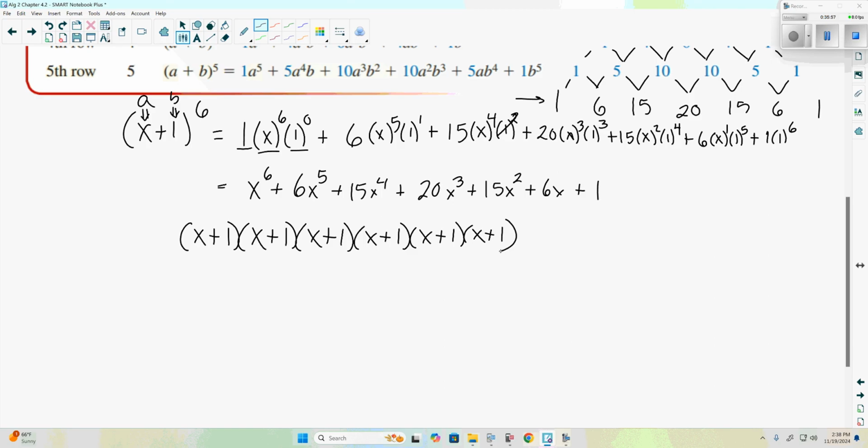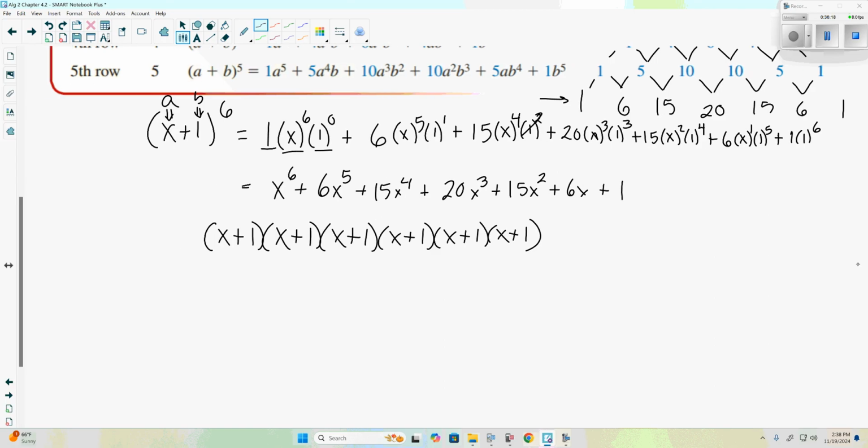So again, like with the squares and the cubes that we did before, multiplying it out and doing the shortcut, there's really no difference. It's going to take you much longer to actually multiply x plus 1 by itself 6 times than it is to do the shortcut. Will we do (x + 1) to the 6 on homework or test? No. But it is something we do have. And this shortcut does make things a little bit nicer.